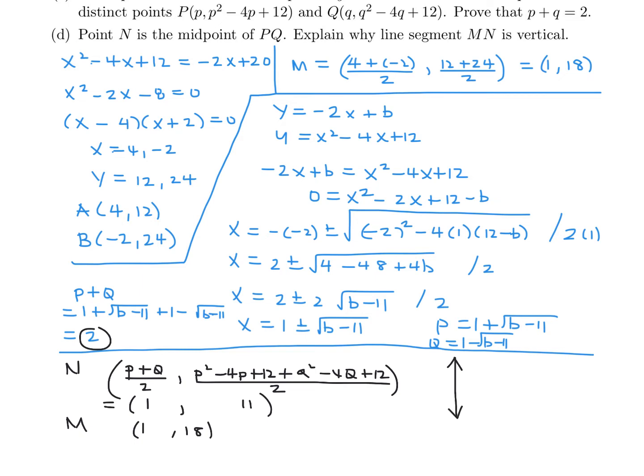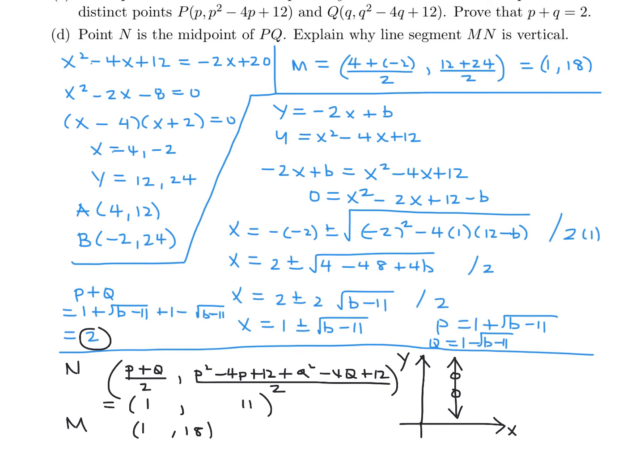If it's going straight up and down, then that means that it has the same x coordinate, right? Any 2 points on that line would have the same x coordinate. If this is the x-axis and this is the y-axis, if a line is vertical, any 2 points on that line would have the same x coordinate.